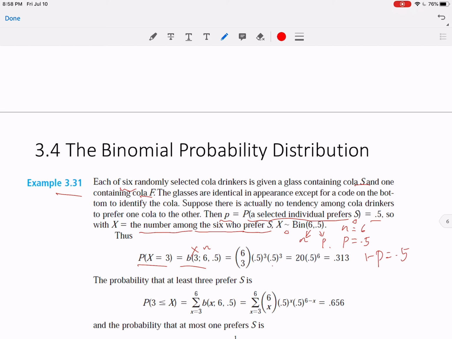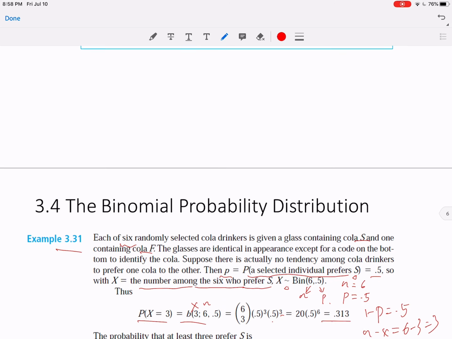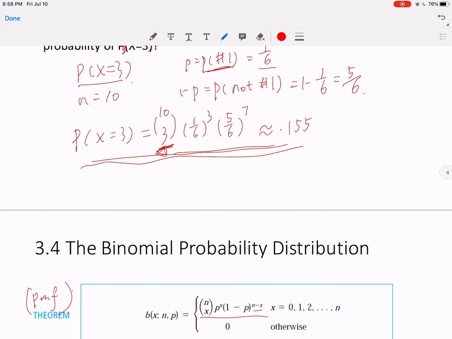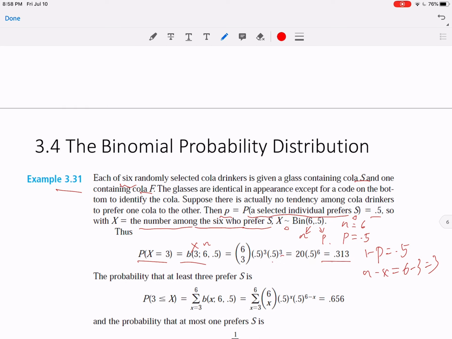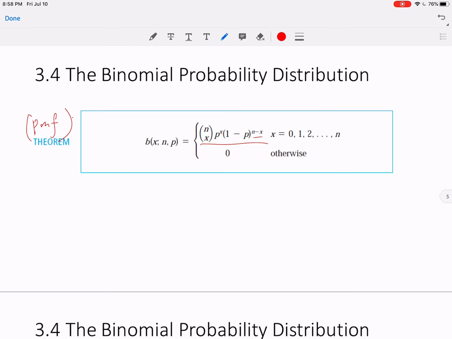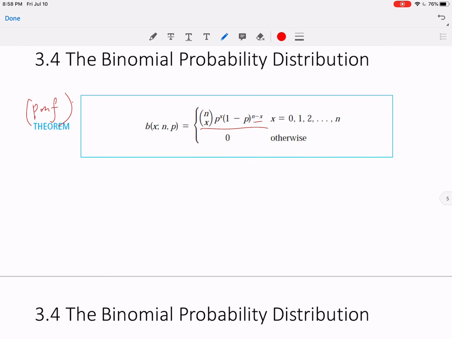So we have 0.5 here, and then n minus x is equal to 6 minus 3, which is 3. That's why we have the power of 3 over here. If you type this in your calculator, you get that this probability is 0.313. I think this is very similar to the one we just went over up here. Okay, so that's how to find the probability of a single point. What do we need to do? Just apply the formula of the PMF of the binomial random variable.